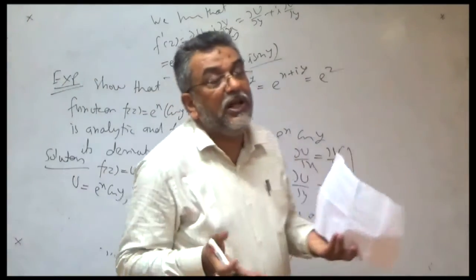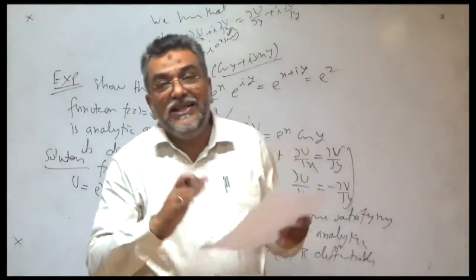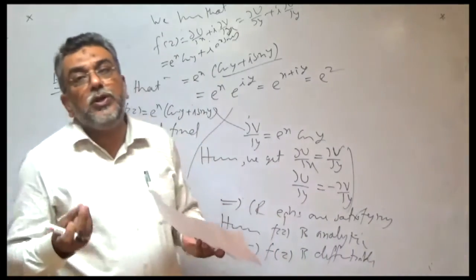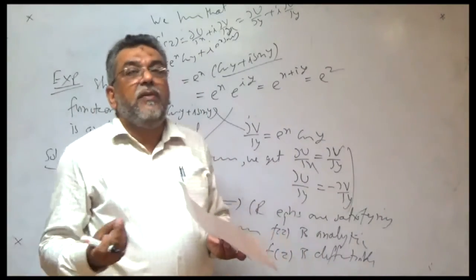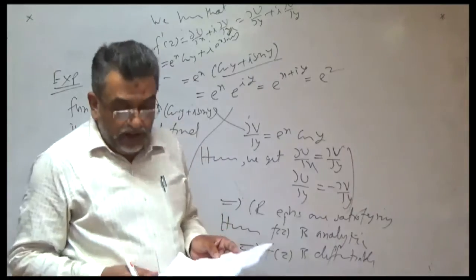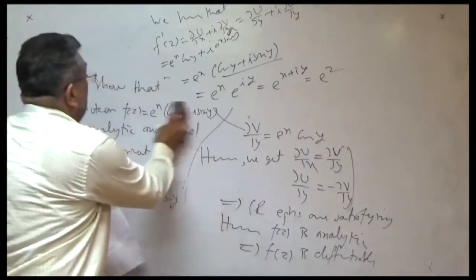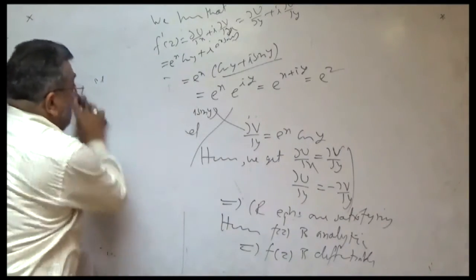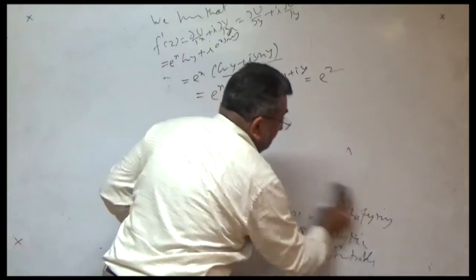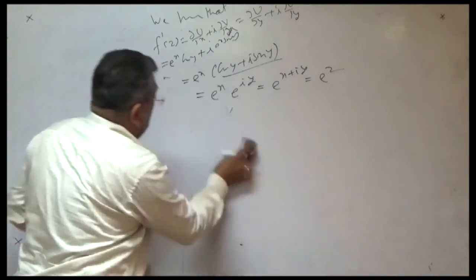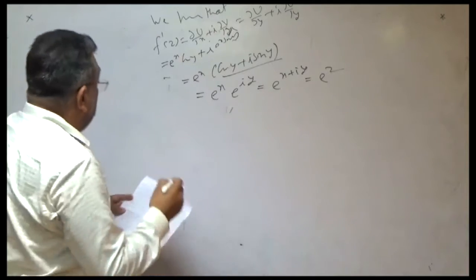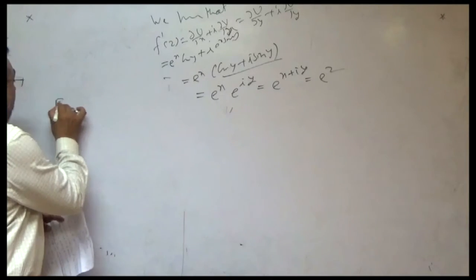It is not analytic in the entire domain, but at some particular points it is analytic, and at other points it is not analytic. So here we take another example by which you will understand the concept more clearly.